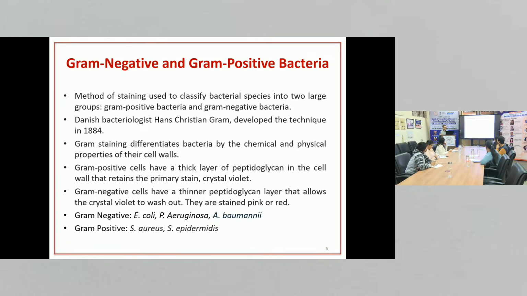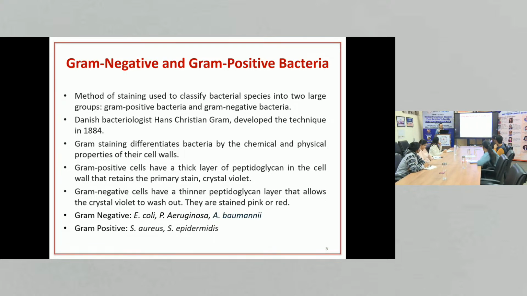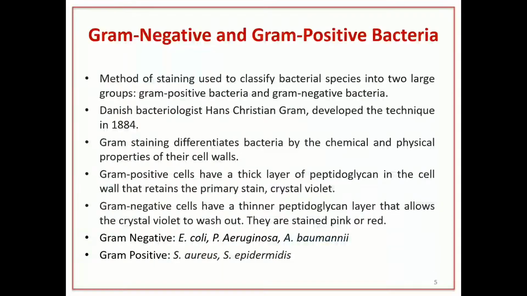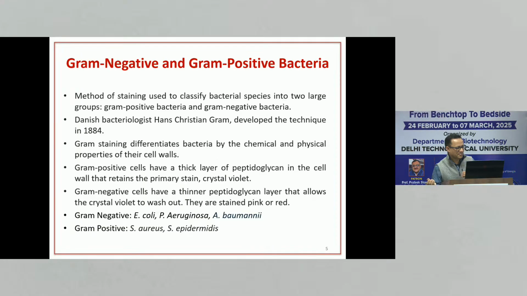It's based on a Danish bacteriologist who developed this technique in the 1800s. Gram positive has a thick cell wall, whereas gram negative has a thinner wall, maybe 10 times thinner, I guess, and they get stained different colors.